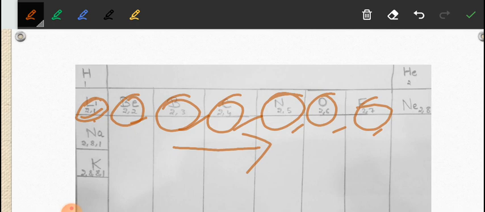As atomic number increases, the nuclear charge becomes more. Here nuclear charge is increasing, but the number of shells remains the same across the period, because there are only two shells, as you can see here.